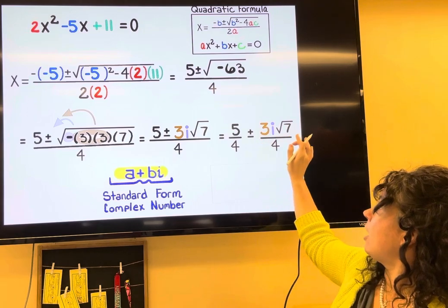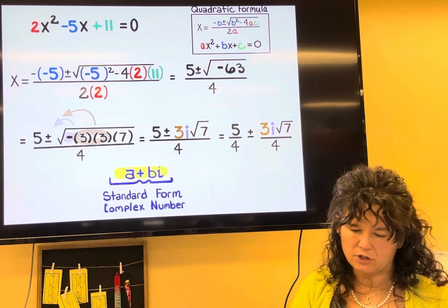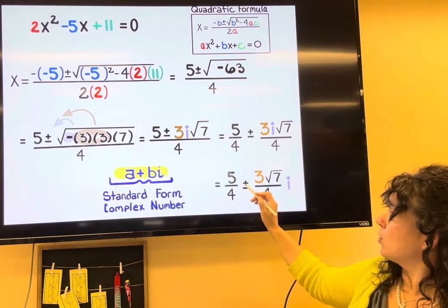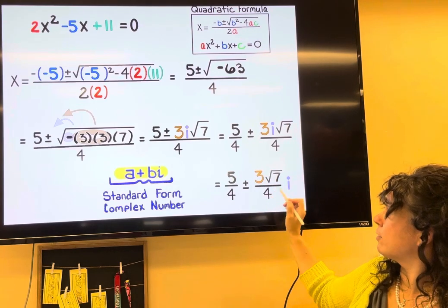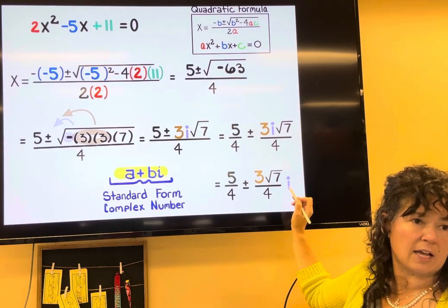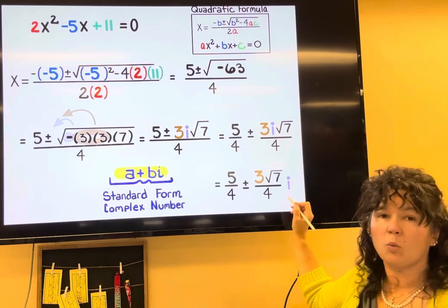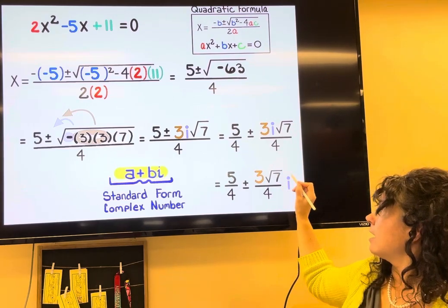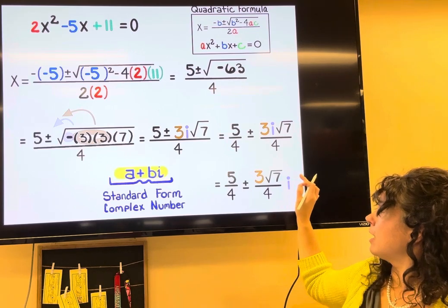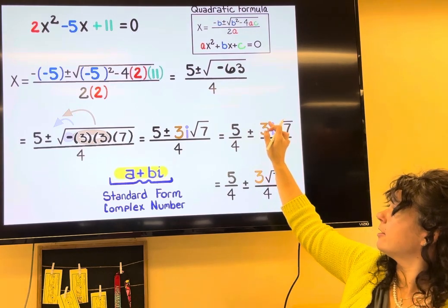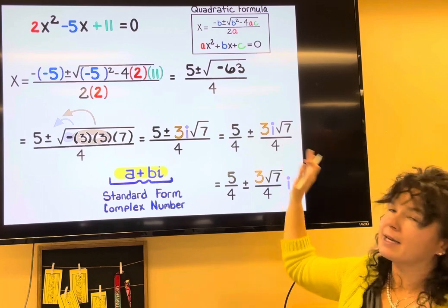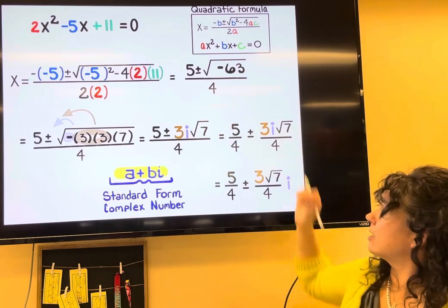It's just going to be off to the side of my fraction. So I have 5/4 plus or minus 3 root 7 over 4, and then i off to the side. And the reason you can do that is this i is really over 1. And i over 1, if I multiply the numerators back together and the denominators 4 and 1 back together, I can go back a step.